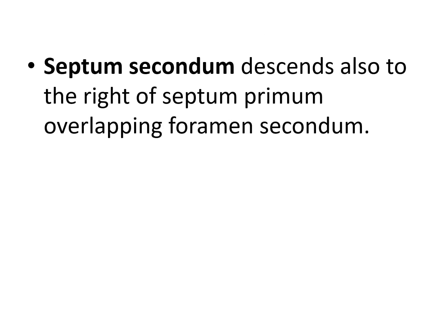Okay, septum secundum then will descend again from the roof to the right of the septum primum. Let me remind you what we have mentioned here. This is the atrium. We have septum primum, but we have an opening in this septum.